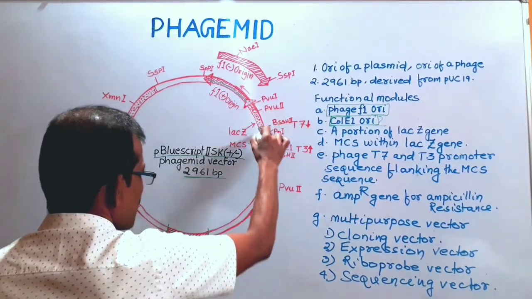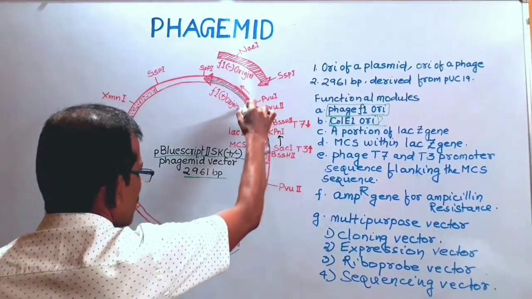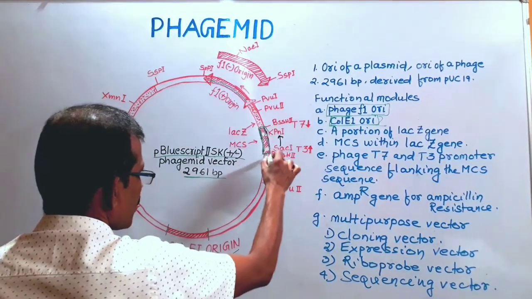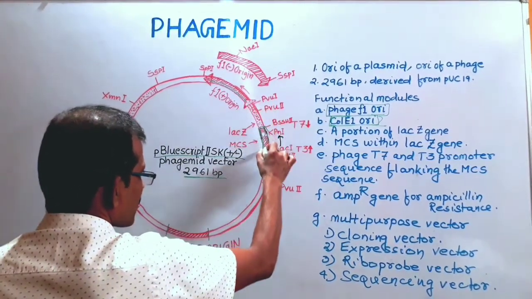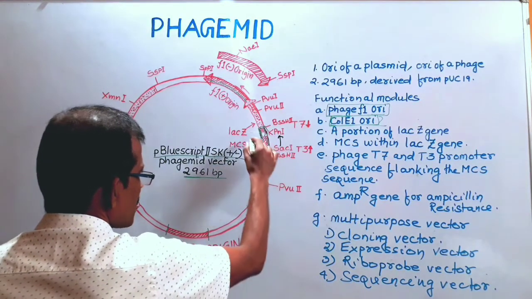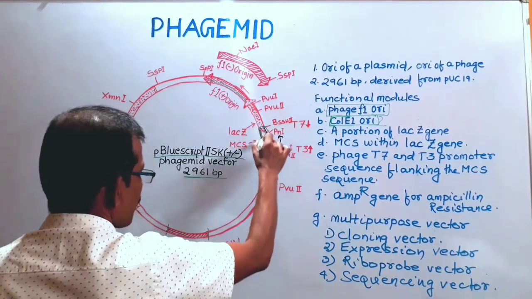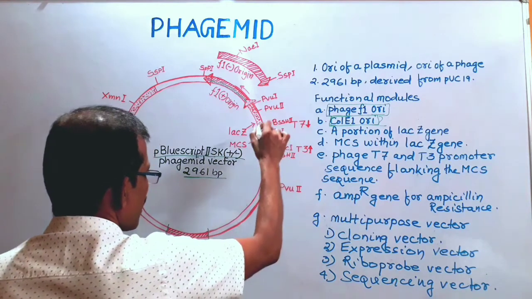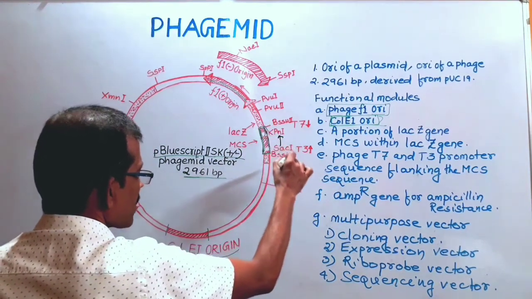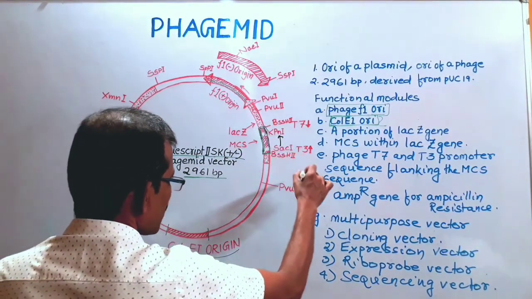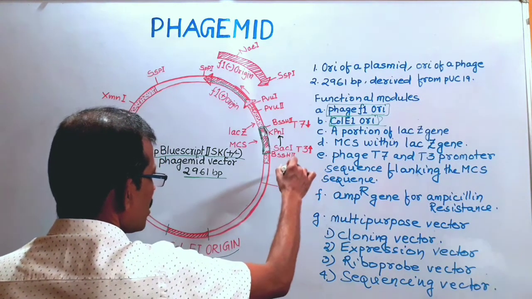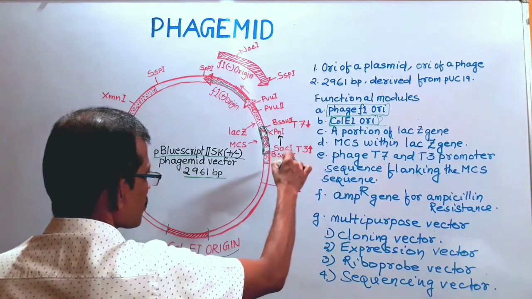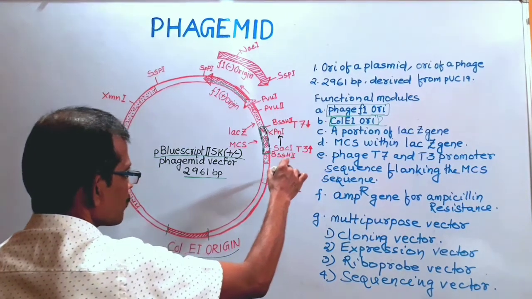So this is a part of the lacZ gene of E. coli. And this part of the lacZ gene, that is known as lacZ alpha, allows for the alpha complementation of lacZ gene within the E. coli cells in which the lacZ alpha function is lacking.